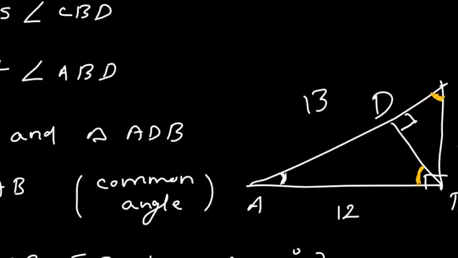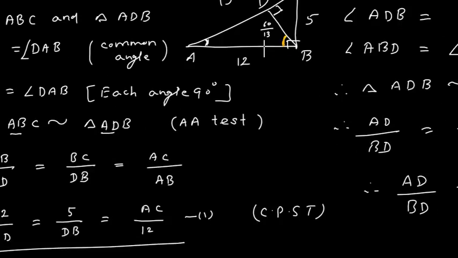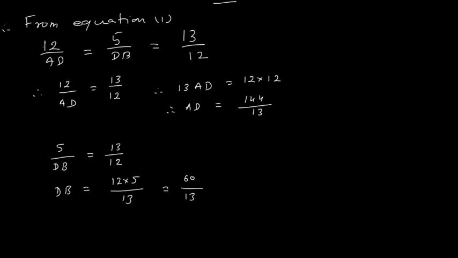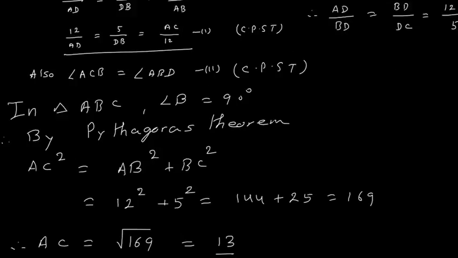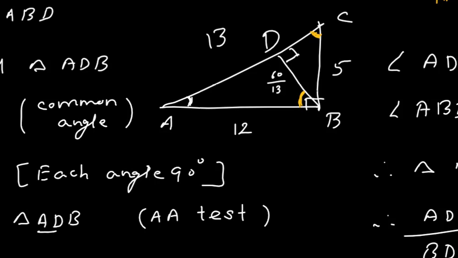This BD is 60 upon 13, and value of AD as 144 upon 13. Okay, now what we have to find?